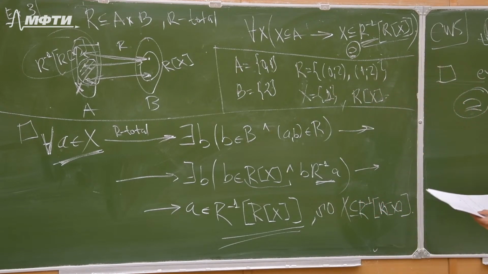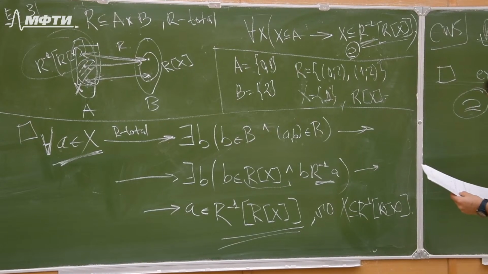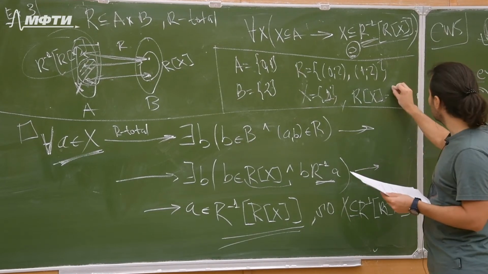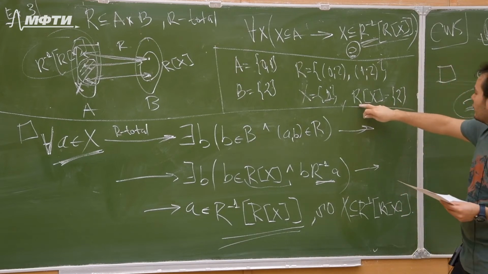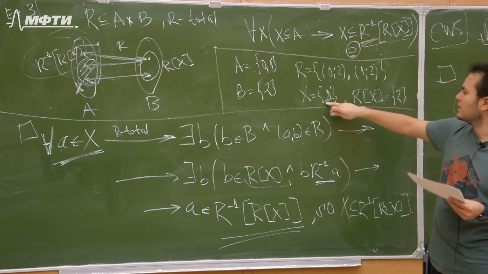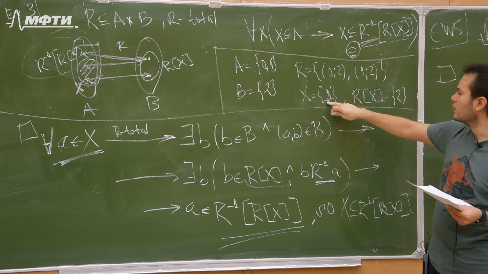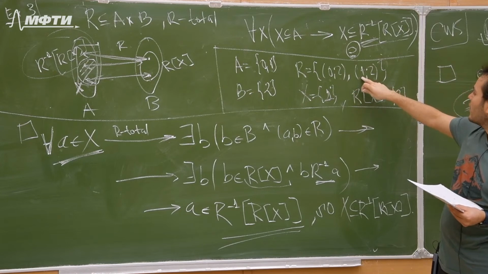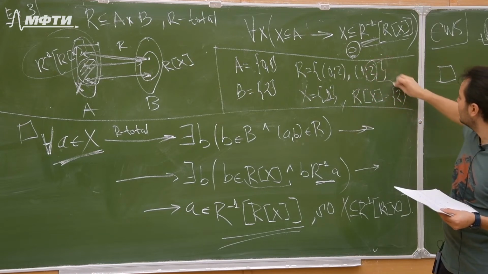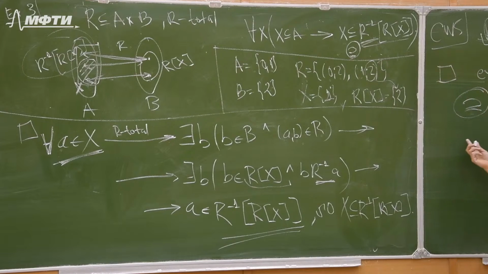We have to look at the image of X. X is just the singleton of 1, so the image is going to be the singleton of 2.